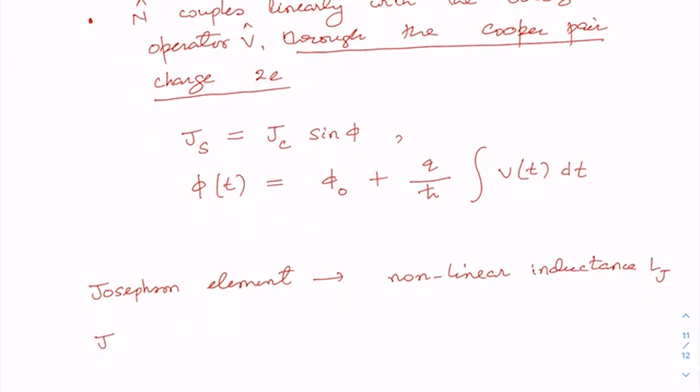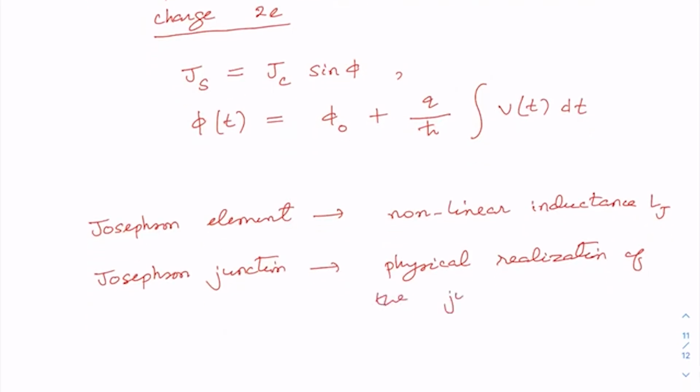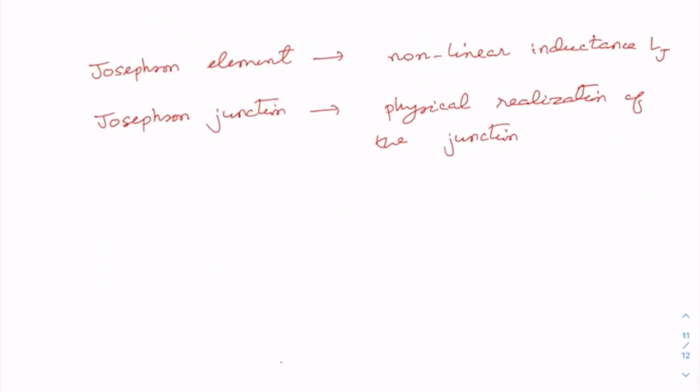And the term Josephson junction, on the other hand, is reserved for the physical realization of the junction, which is generally modeled by a capacitor, say Cj, connected to a nonlinear inductance Lj in parallel.